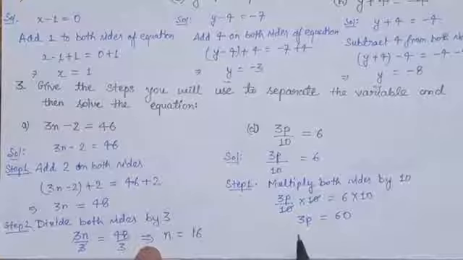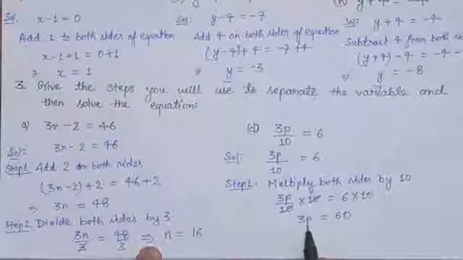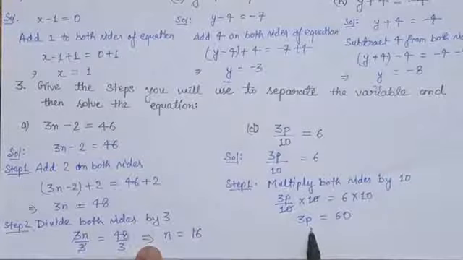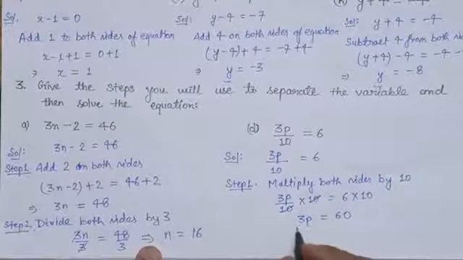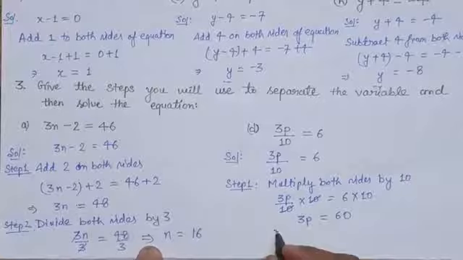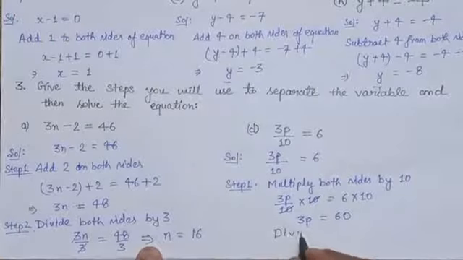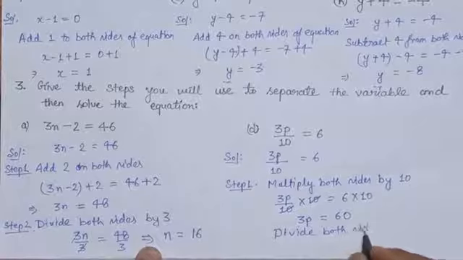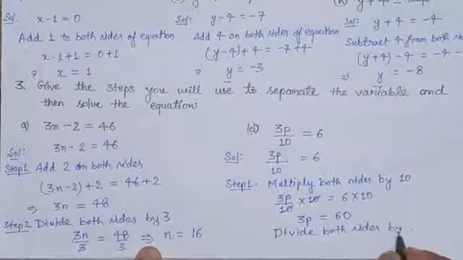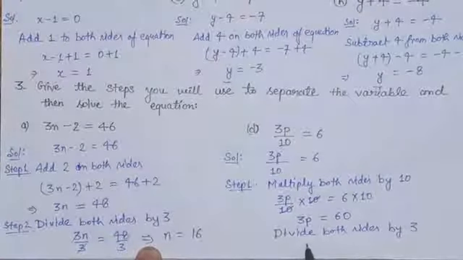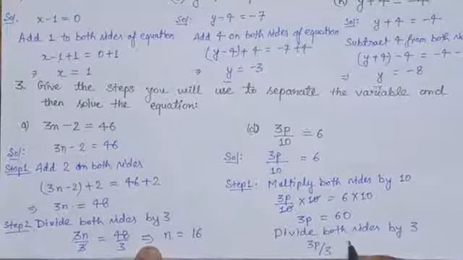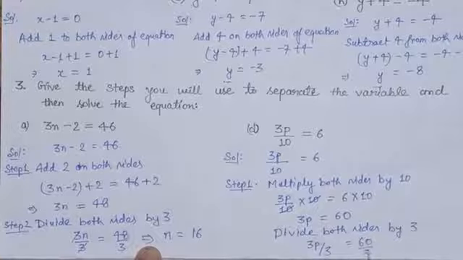But again you can see that on the left hand side we have 3p, not p. So in order to obtain p only on the left hand side, we have to divide this equation again by 3. So divide both sides by 3. Then what we get? 3p by 3 is equal to 60 by 3.